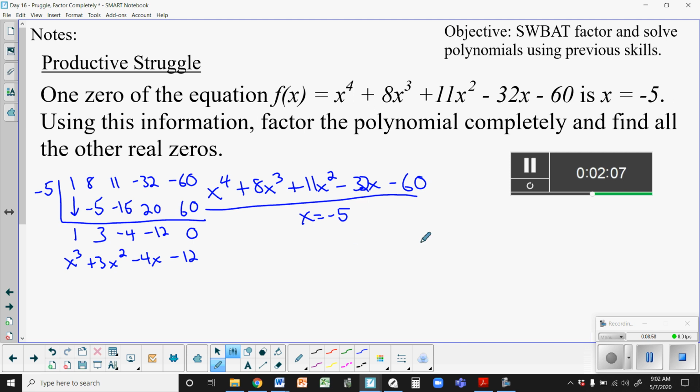Well, maybe we need to factor the polynomial. Can we factor 4 terms? And then another student said, well, we can factor 4 terms. We can do left side, right side. So they tried to factor it.